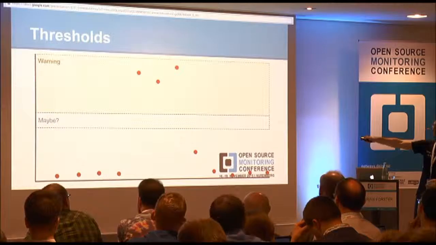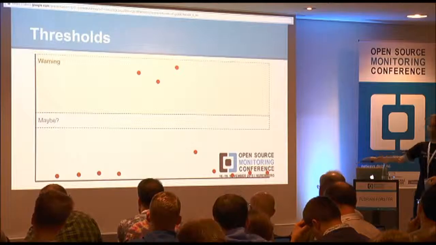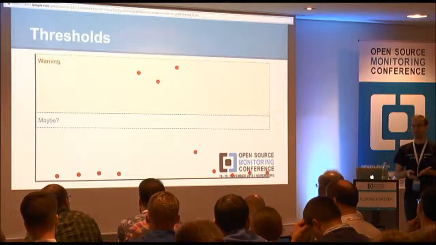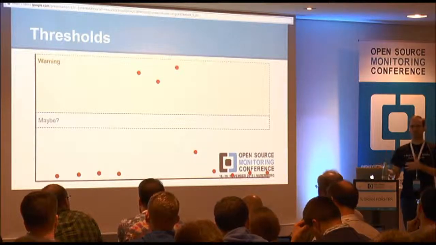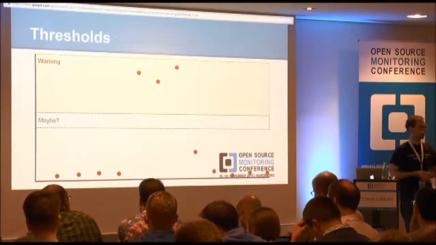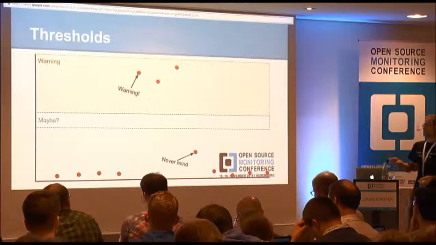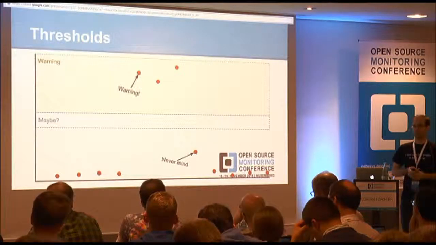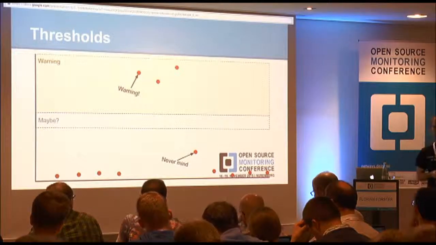You get a couple of bad samples, and before somebody can do anything meaningful, it's back to normal and nobody should care anymore. Or at least nobody has to be paged for this and woken up because it's gone already, and if it's a recurring pattern, you have to work on this in your daytime job anyway. It's not something you will fix at 4 in the morning. So you will still get a notification in this case, even though it probably shouldn't be a notification in the first place.